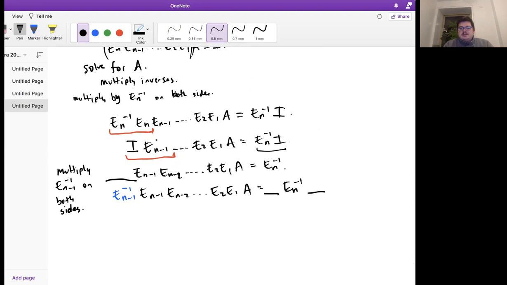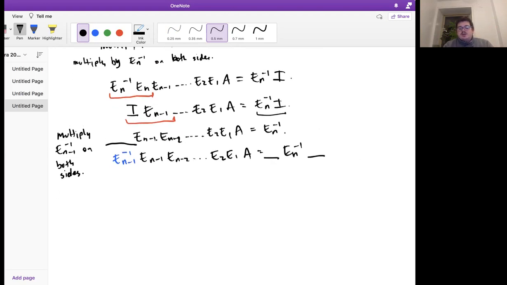Now in the next step, we're getting rid of the next E. But the question is where do I write my E? Do I write it here, or do I write it here? Only one of these is correct.